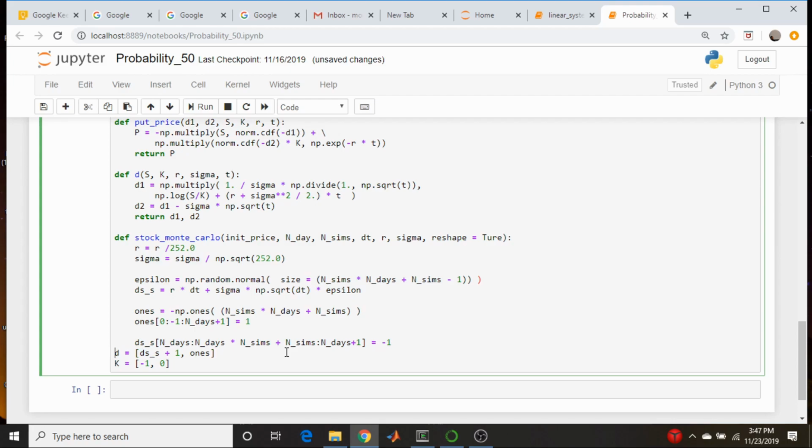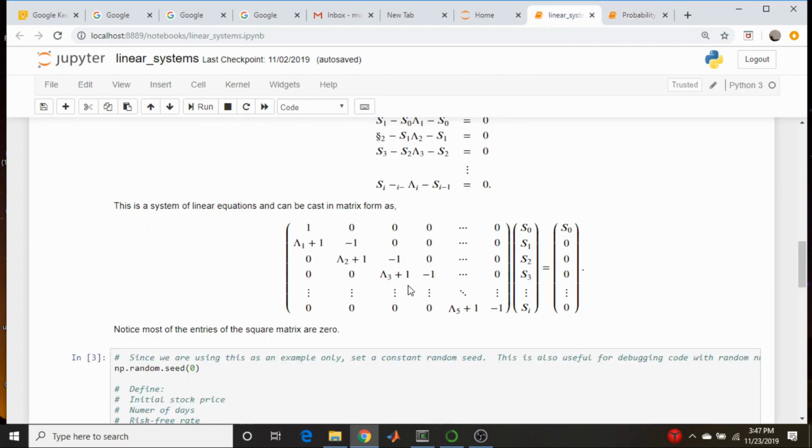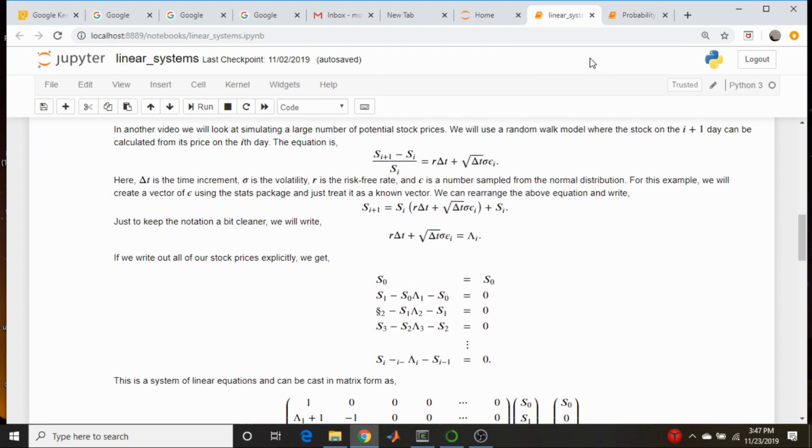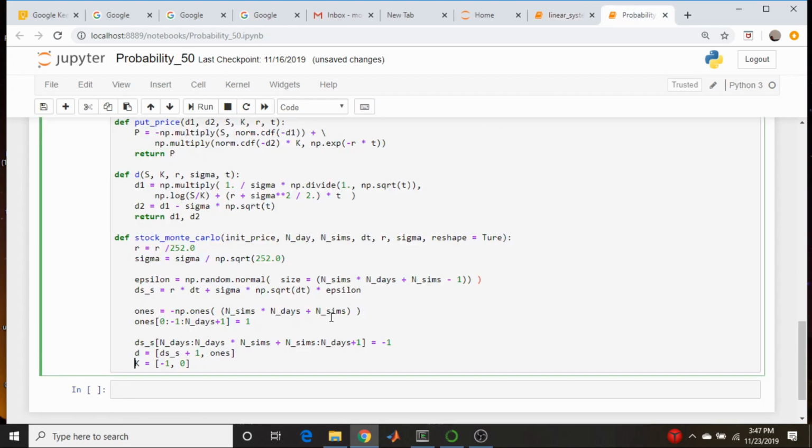Okay, so these are our lambda values from this slide here. I just called them ds here, but I referred to them as lambda here. So that's that. This line here is our second diagonal, and remember the sparse matrix command requires the position of each of these diagonals.